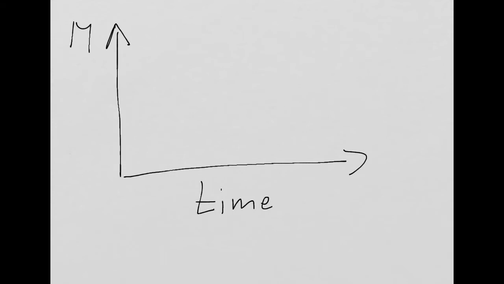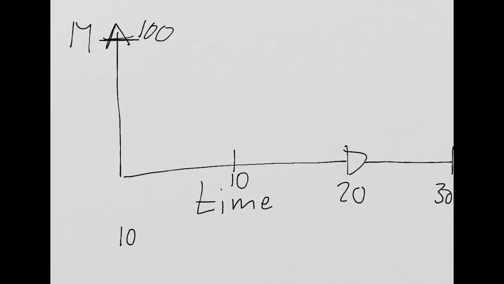Okay, so let's say here we have 10 minutes, here we have 20 minutes, here we have 30 minutes, and so on. Let's say we start with 100 Maltesers. And we said I can eat 10 Maltesers per 2 minutes.